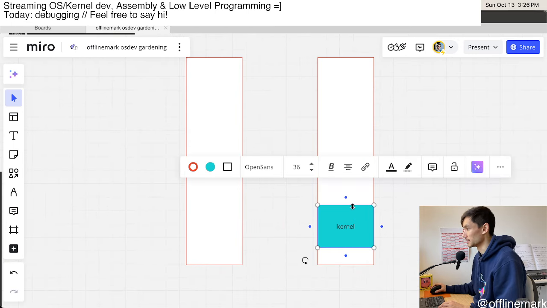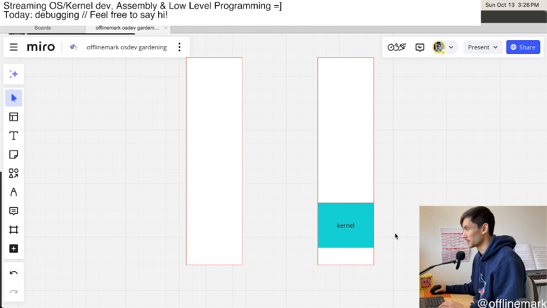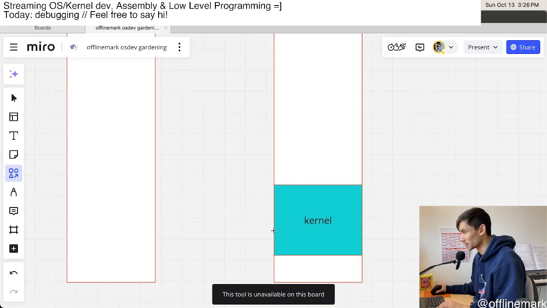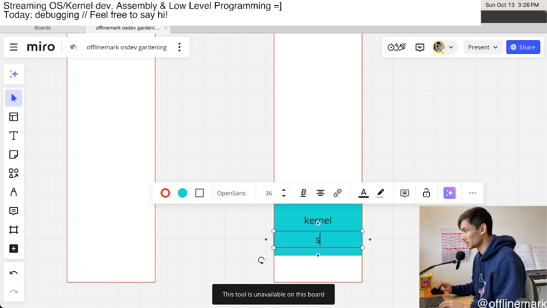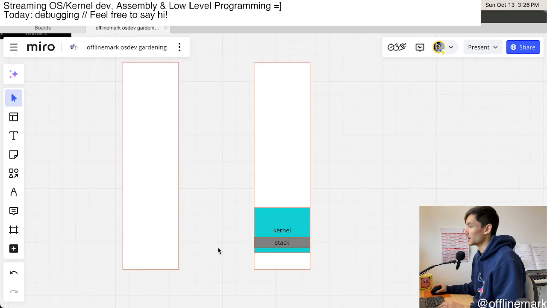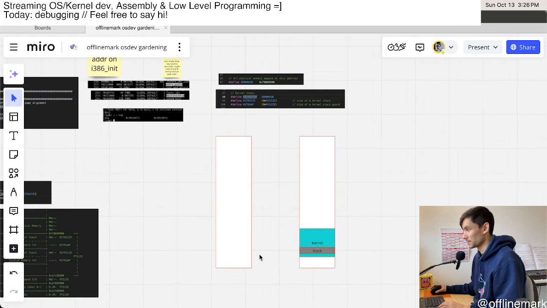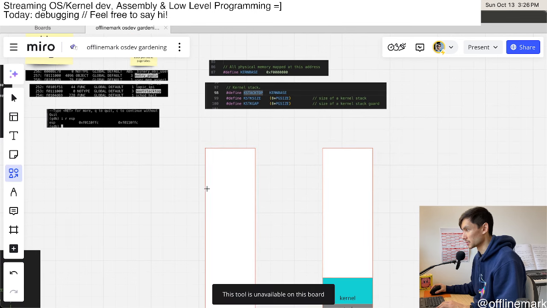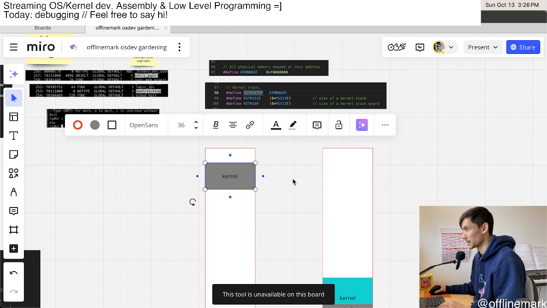And it's in low memory, and embedded into the kernel is a stack region, just embedded into the kernel binary. So somewhere in high memory, the kernel gets mapped.